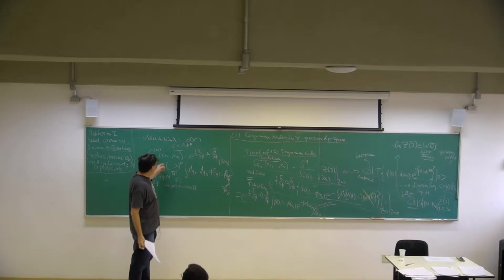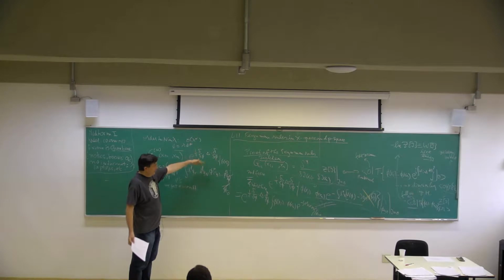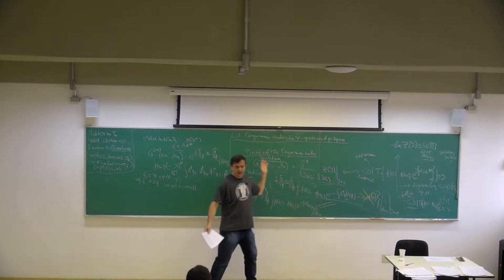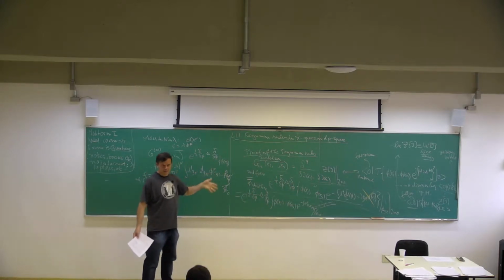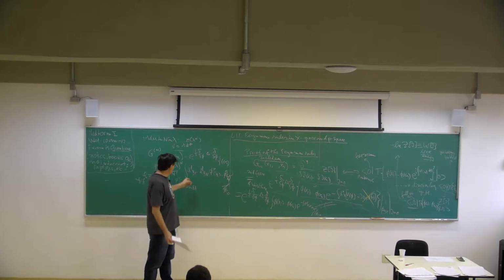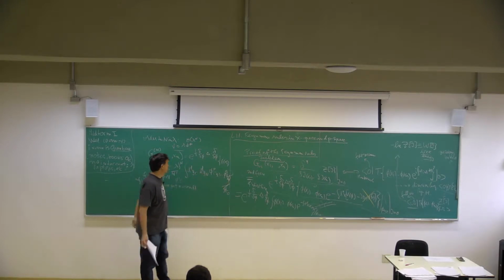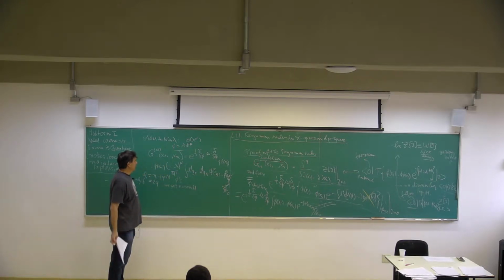Because remember, first of all, if I have more derivatives than phi's, then I get 0, obviously. But also if I have fewer derivatives than phi's, I get 0, because at the end I put phi equal to 0. So if I have any phi's remaining, I get 0. So the only non-zero result is when all the derivatives act on all the phi's, right? But here I have a sum.